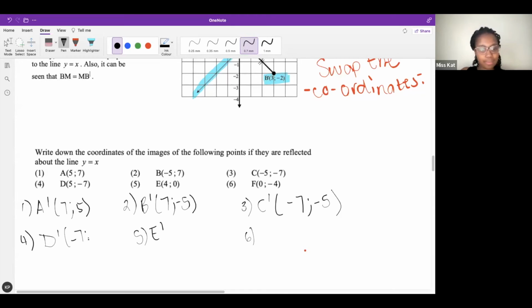And then it's E, 0 to 4. Nice. And the last one, negative 4 to 0. Beautiful. Thank you very much. That went very fast and very well. I love it.